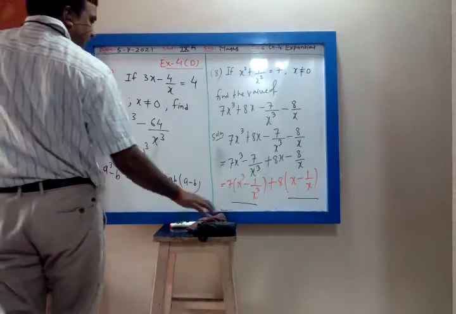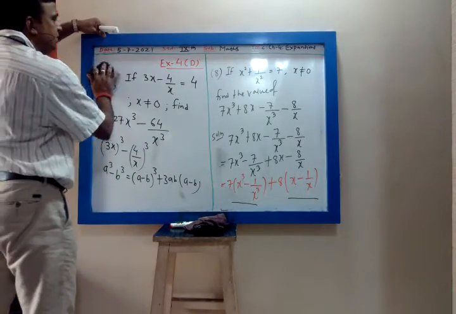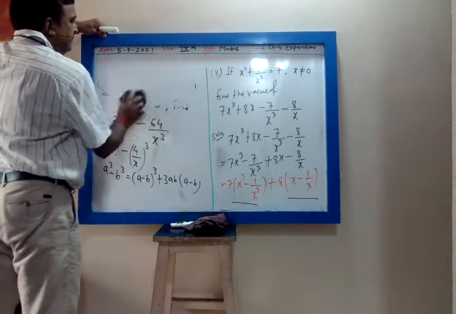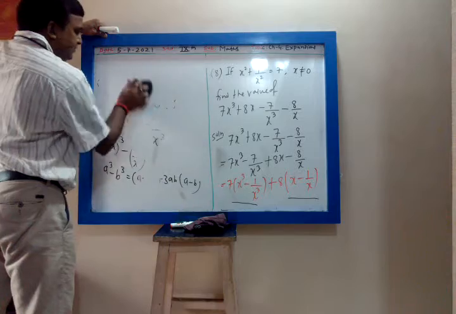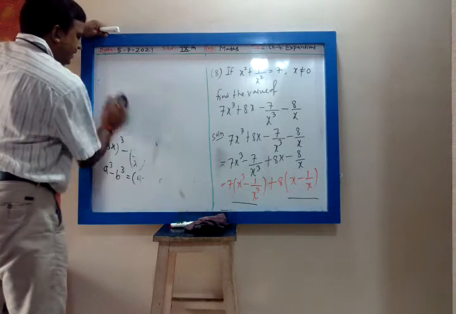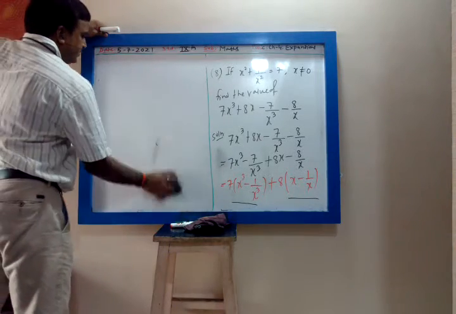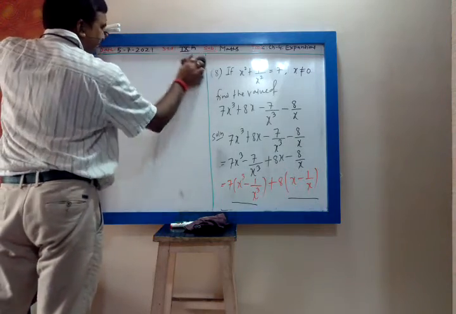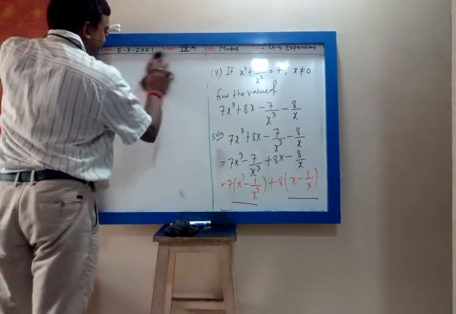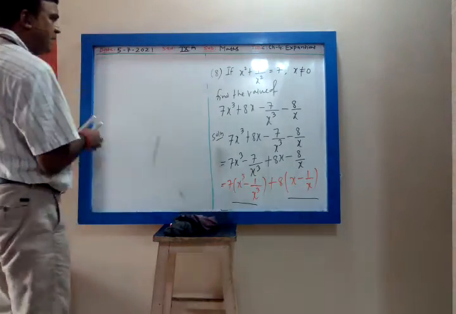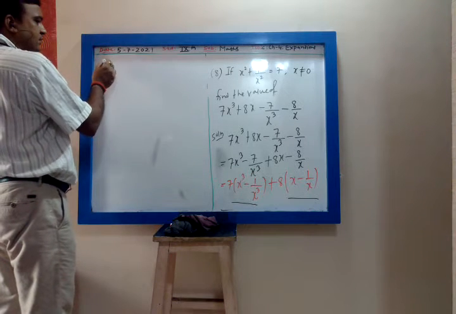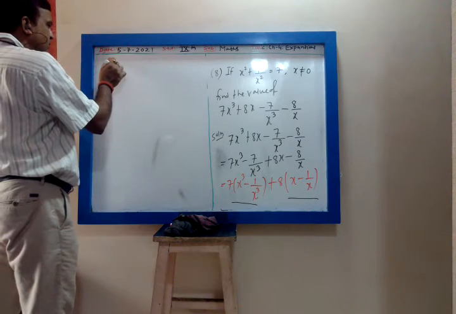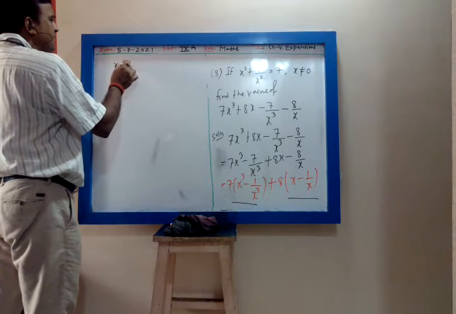Okay, so let us find x minus 1 upon x and x cube minus 1 upon x cube. First you have to find x minus 1 upon x and then x cube minus 1 upon x cube. You are given x square plus 1 upon x square. Correct? So you can write x minus 1 by x whole square.